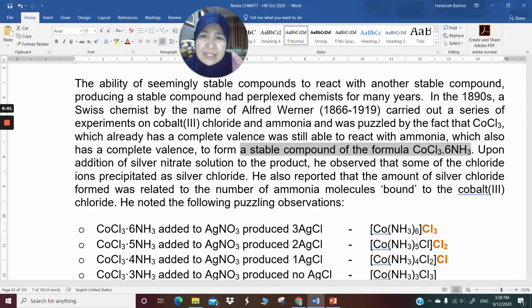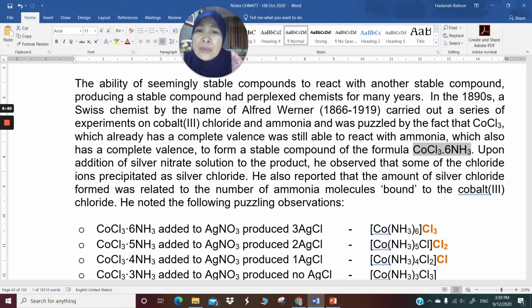Even though he could not understand that, he still carried out his experiments. He has a very curious mind, and he allowed his curiosity to lead him to great discovery. He took this solution of CoCl3 6NH3 and added silver nitrate solution to the product, and he observed that some of the chloride ions precipitate as silver chloride.